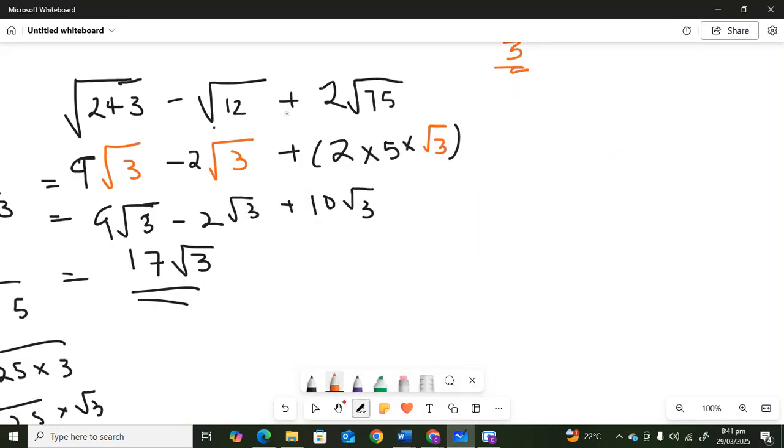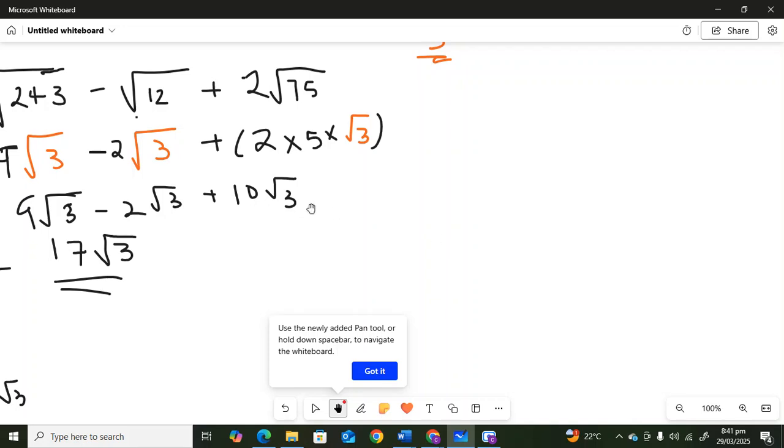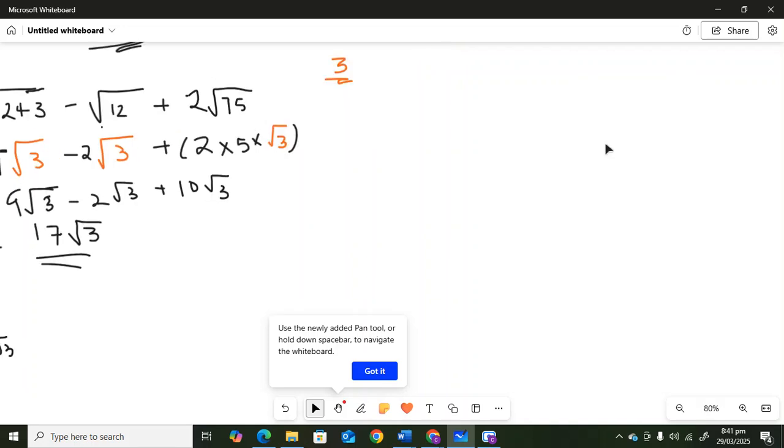Just so you know, even these surds have laws, so I also share with you the laws of surds. They've also got laws which you need to remember.